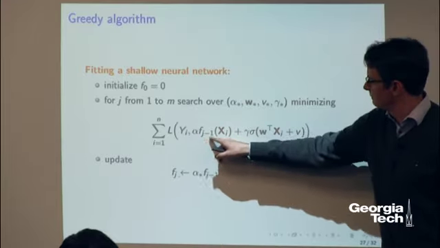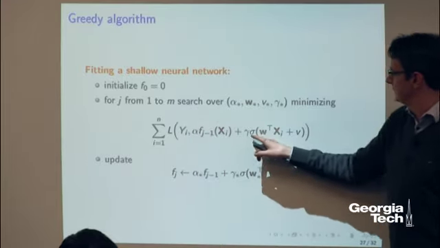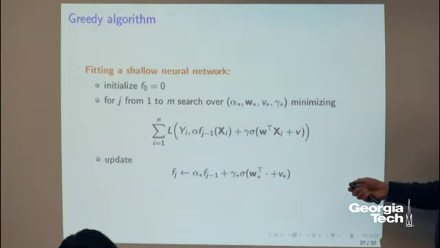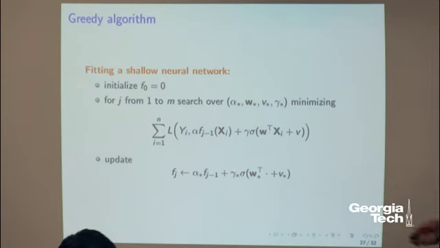You keep the previous network fixed, but you scale it with gamma, and you fit the parameters of this additional unit, which minimizes the loss. That is how you define your shallow network in the jth step. So iteratively, in every step you add one unit and you balance the previous one with one parameter.